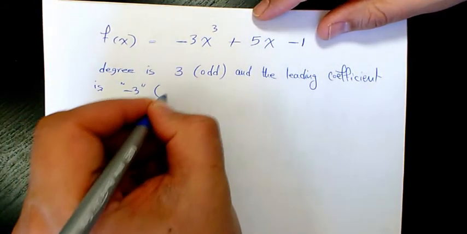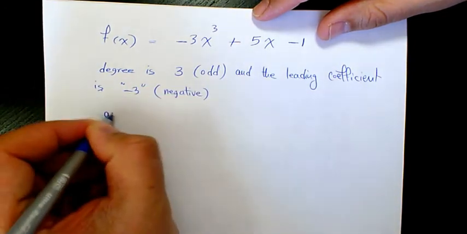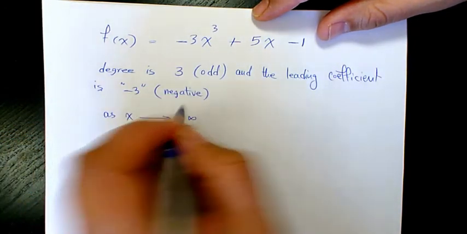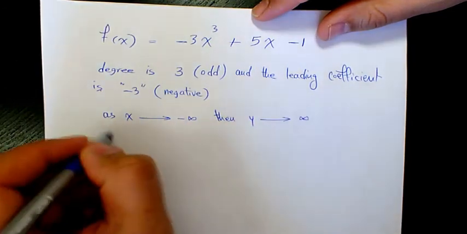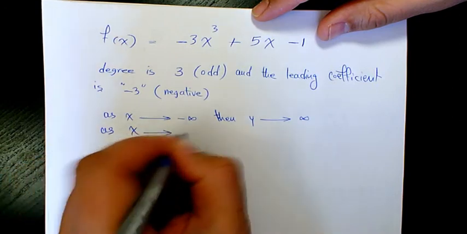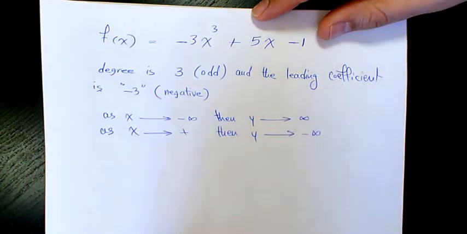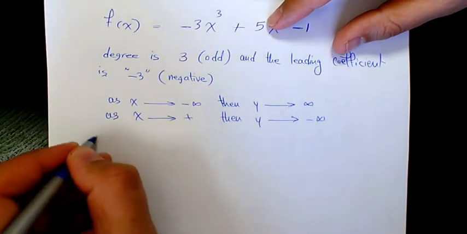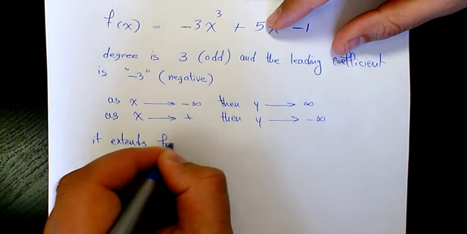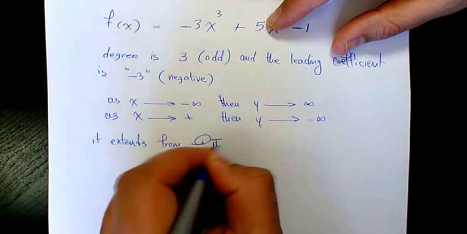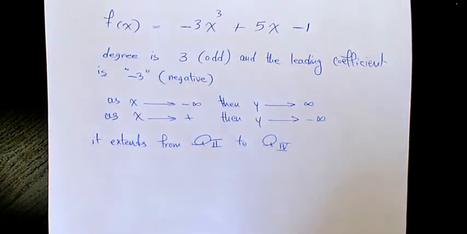So that's negative. As x approaches negative infinity, y approaches positive infinity, and as x approaches positive infinity, y approaches negative infinity. So it extends from quadrant 2 to quadrant 4.